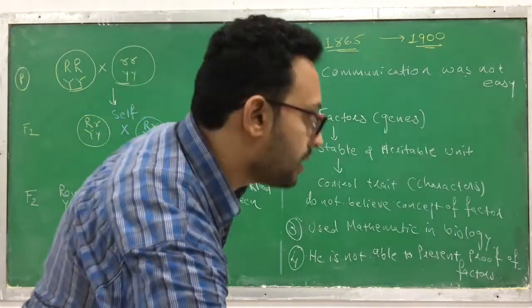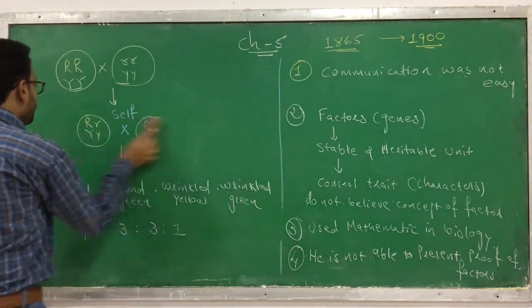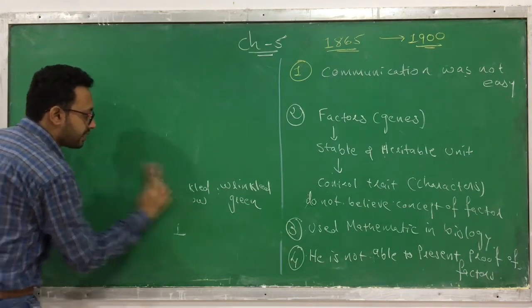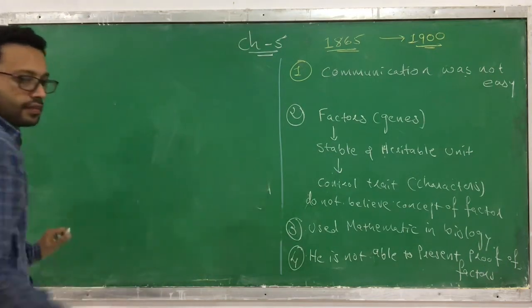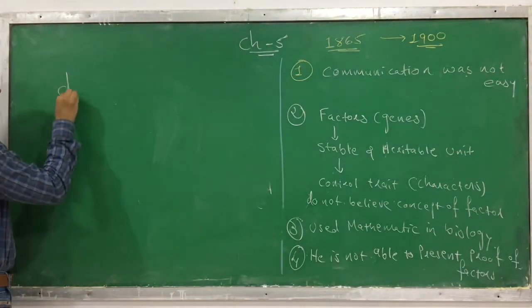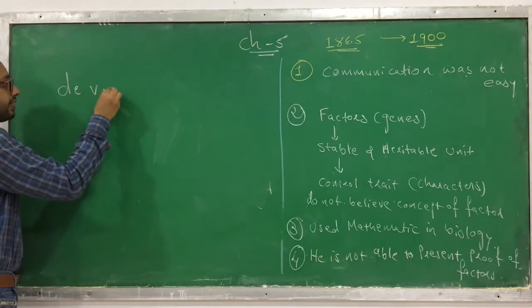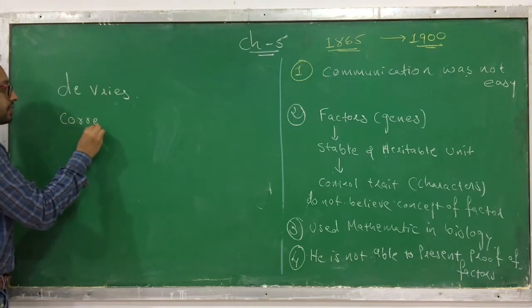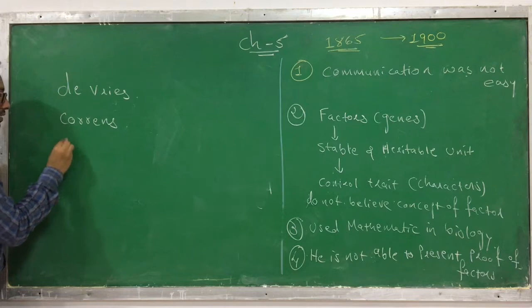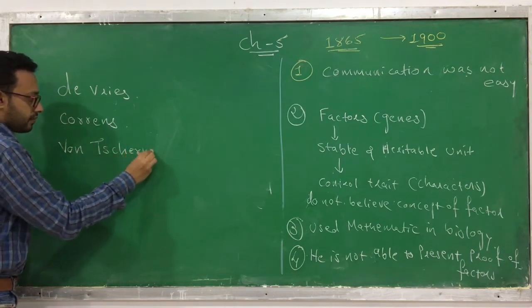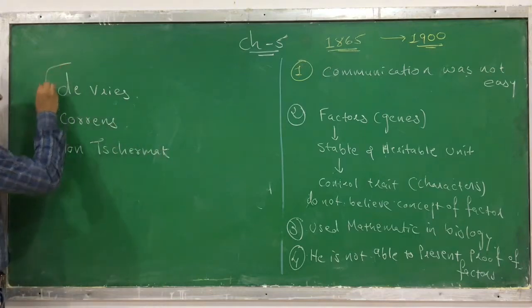But in 1900, other scientists, you have to remember the names of these scientists, these three scientists worked independently. First is De Vries, second one is Correns, and the third one is von Tschermak.